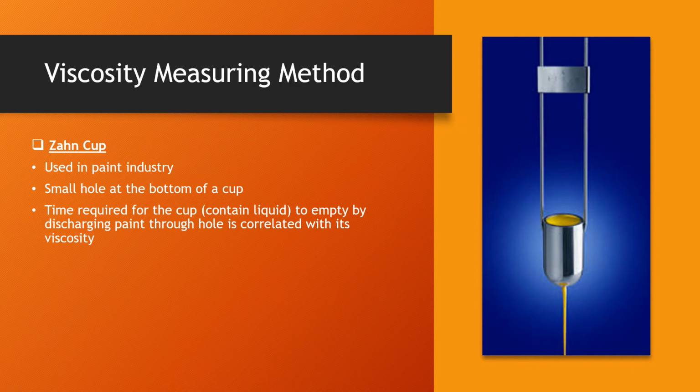Viscosity measuring methods. There are quite a few viscosity measuring methods, but we'll be talking about generally four here. The first one would be the Zahn cup viscosity measure. Well, this is used in the paint industry, where they use a cup which has a small hole at the bottom, and they'll put the paint in there, and they'll see how much time it requires for the cup to get empty.